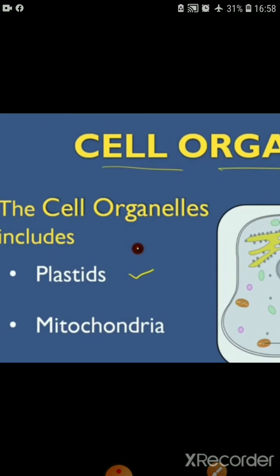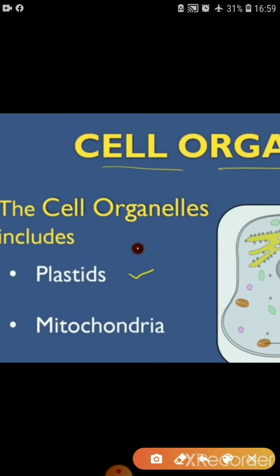But if we talk about plastids, plastids are present only in plant cells. Plant cells have plastids, but they are not present in animal cells.